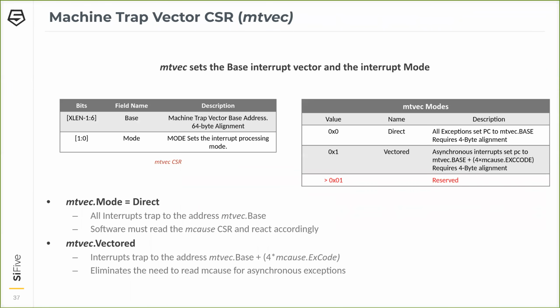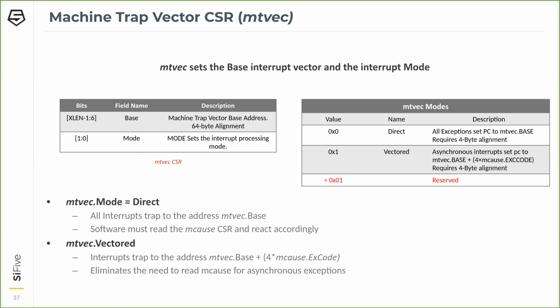The machine trap vector sets the base interrupt vector and mode of the processor. So the base vector is the address at which the handler will be located in memory. And then for the mode, you have two choices, either direct or vectored.